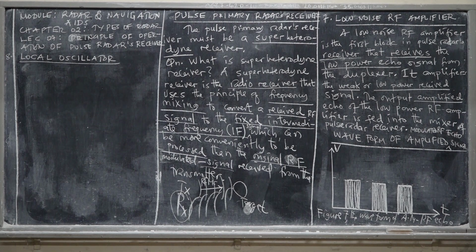Will it mix just the amplified RF echo signal? You just have to use your common sense. You are heading to the mixer. What are you going to mix? You have one item required in that mixer. How about the other one? So the next one is the local oscillator.